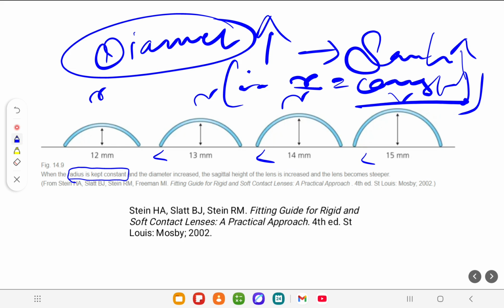Because sagittal height is a central important factor for contact lens fitting. The higher the sagittal height, the steeper the lens, and the chances of steep fitting get higher. When sagittal height is smaller, the chances of flatter fitting get higher.